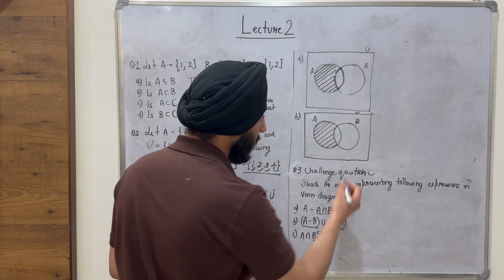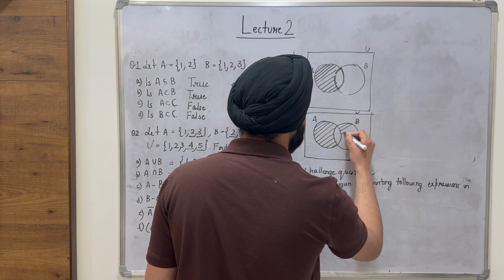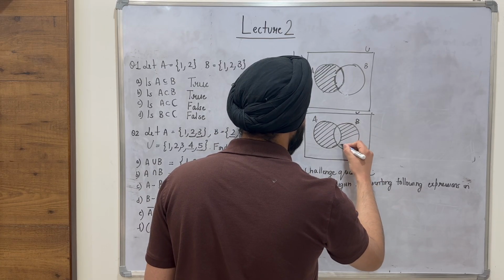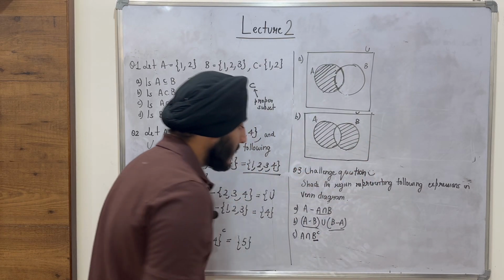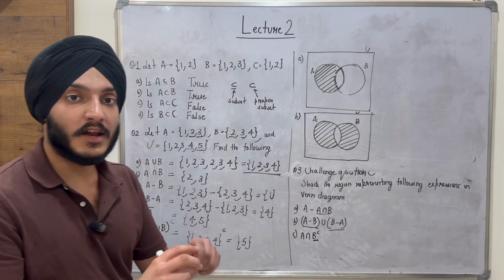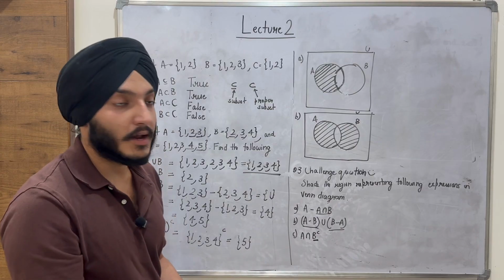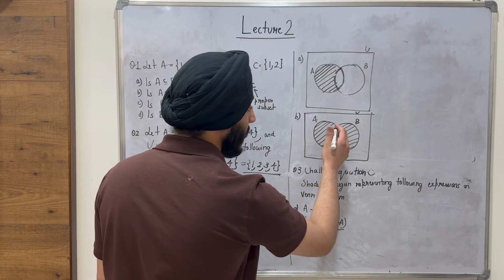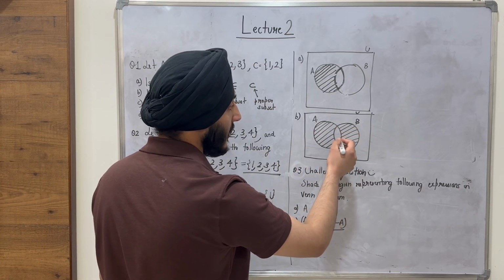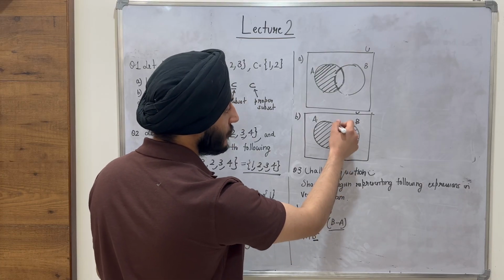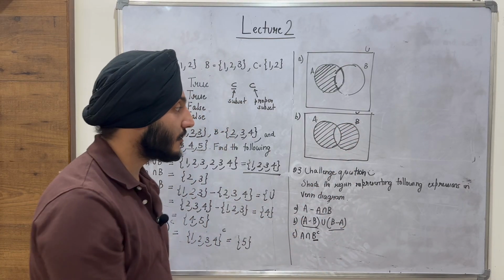And B minus A is going to be this common region. And if I take the union of it, it basically means both of these regions combined together, right? So the solution is simply going to be this entire shaded region, except this common portion in both of them. So that's going to be the answer.